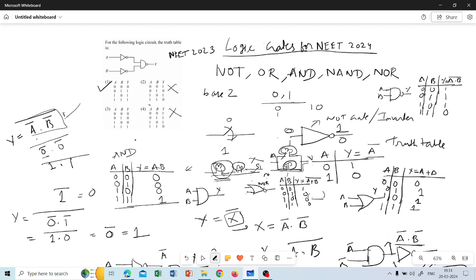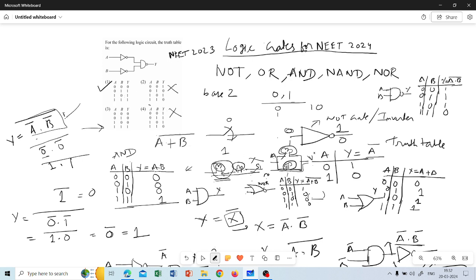Simplification can be done further. There is something called De Morgan's law. Using that, you can check that this is equivalent to a NOR gate.